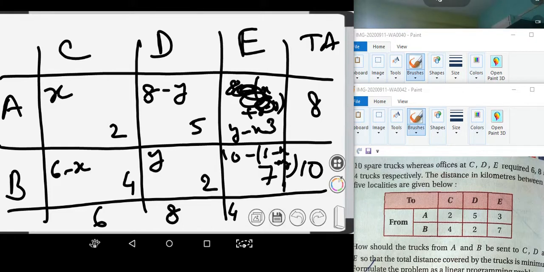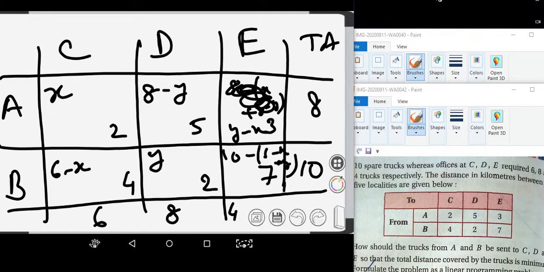So what it becomes is 10 minus 6 minus X minus Y. So 10 minus 6 minus X plus Y. If you simplify that, it will become 10 minus 6 plus X minus Y. That is X minus Y plus 4.